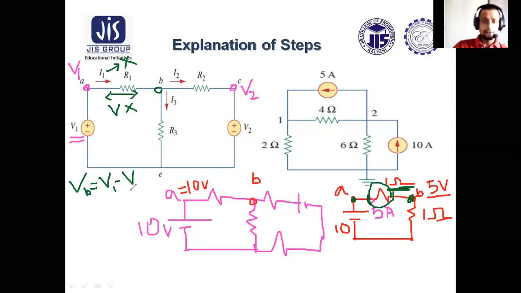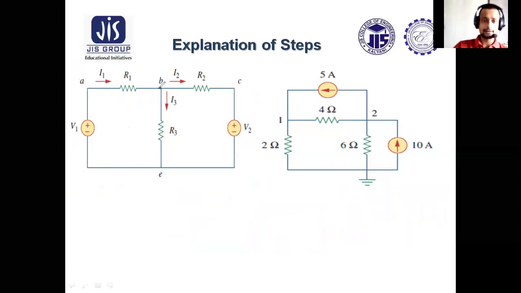So until V1 is known to us, until this V is known to us, we cannot determine VB. Based on that fact, we need to assume some voltage at B point. This is the assumed voltage at B point, which needs to be determined.